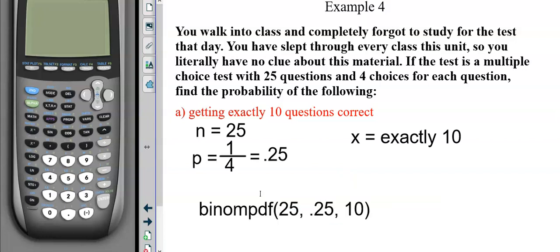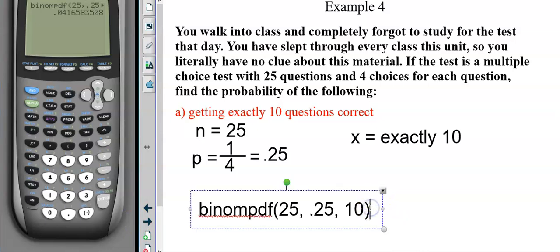All right, so let's go and put this into the calculator. We do second vars. We go down until we get to binomial PDF. And remember, we do PDF when we're talking about exact. So we have 25, 0.25, and 10. We hit paste, and we hit enter there. So here we have 0.0417, because that 5 will take that 6 up to 7.